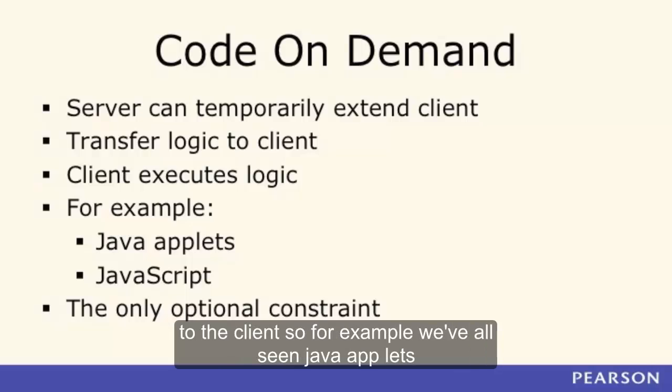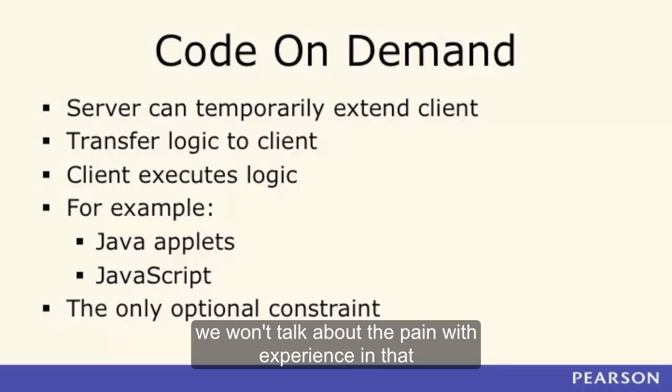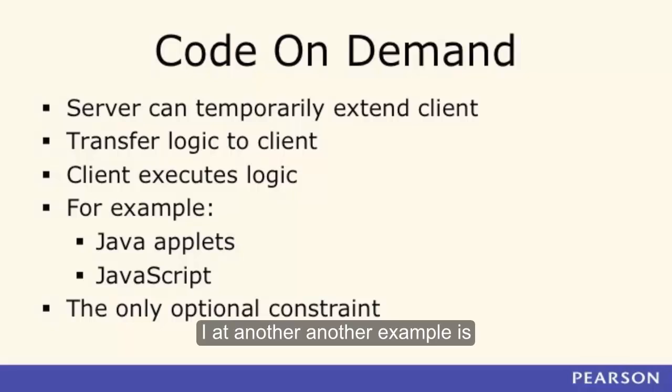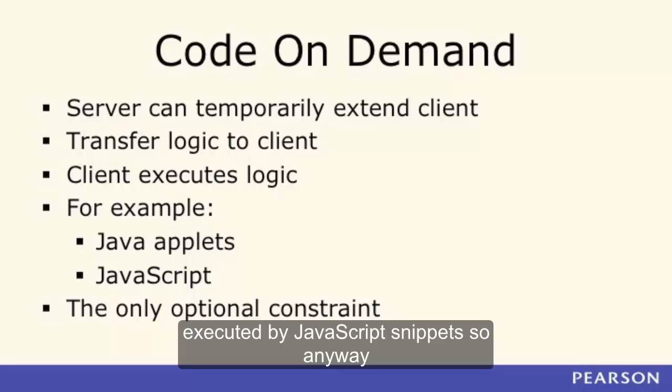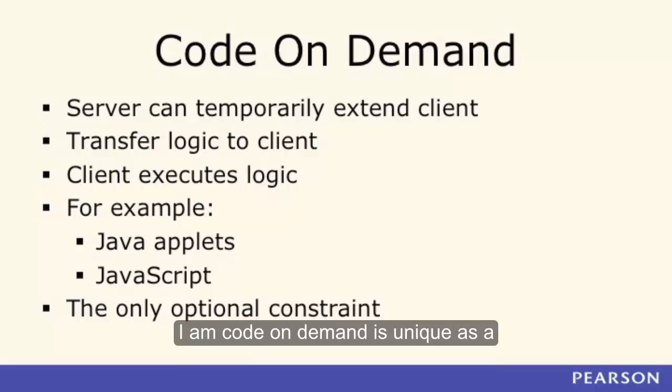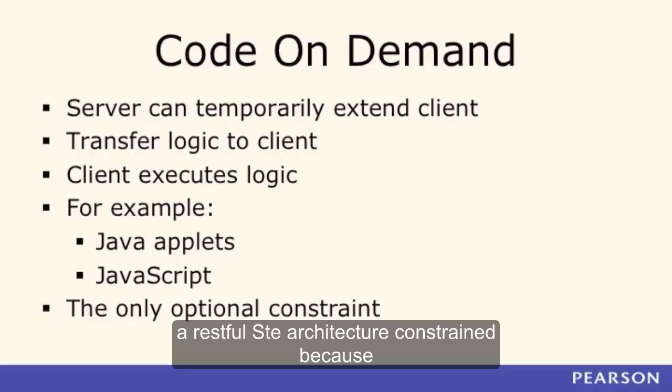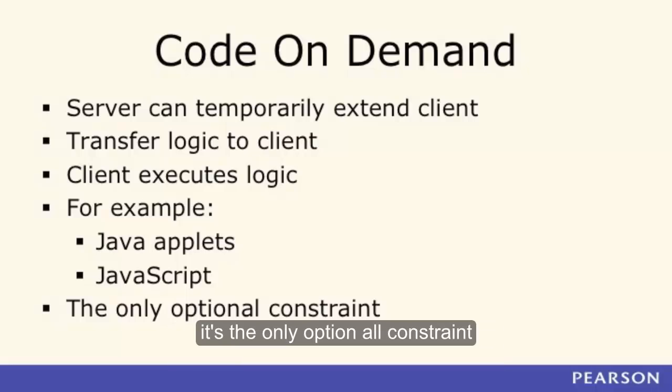So, for example, we've all seen Java applets. We won't talk about the pain we've experienced in that. Another example is executable JavaScript snippets. So anyway, code on demand is unique as a RESTful architecture constraint because it's the only optional constraint.